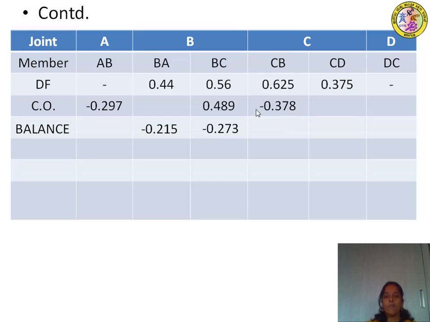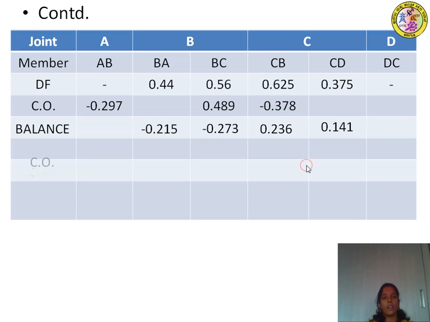Next, joint C is imbalanced by minus 0.378. So, the balancing moment will be plus 0.378. So, 0.378 into 0.625 will be equal to 0.236, and 0.378 into 0.375 will be equal to 0.141. So that is the balancing of joint B and C.